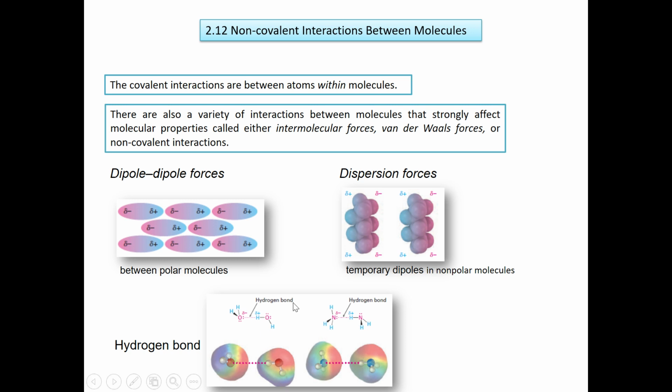When this happens, this hydrogen can interact, as you can see here, with another electronegative atom, creating a hydrogen bonding network. That means the hydrogen is from this molecule but also interacts with the other electronegative atom. This is the strongest force.